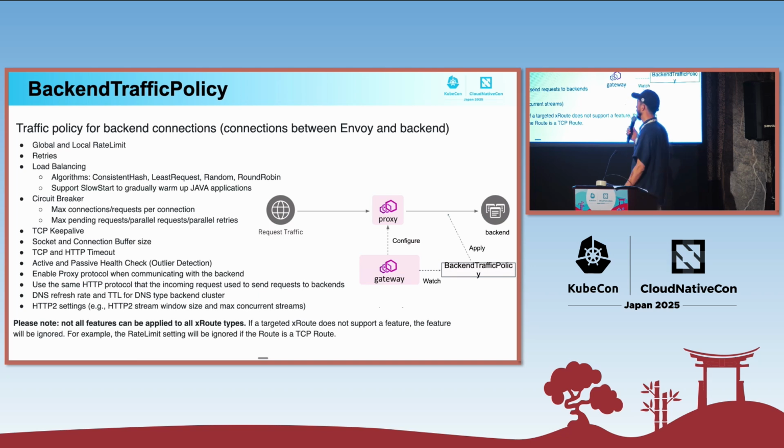And the next one is the BackendTrafficPolicy. It's just the flip side of the ClientTrafficPolicy, which allows you to configure the connection between Envoy and the backend. You can configure things like rate limiting, retry, load balancing, circuit breaker, and a bunch of low-level connection-level settings, just similar to what we do in the ClientTrafficPolicy.